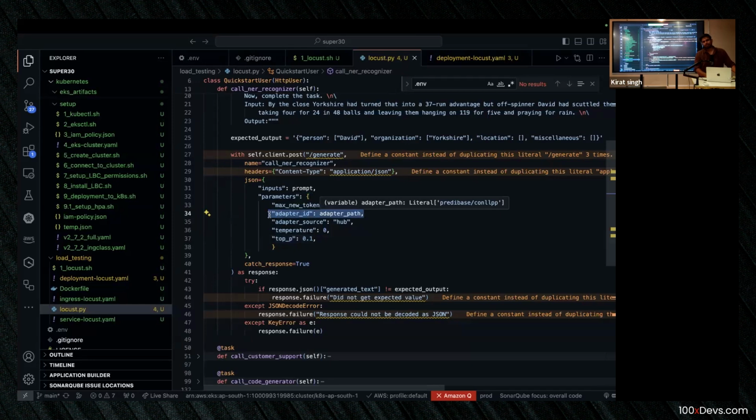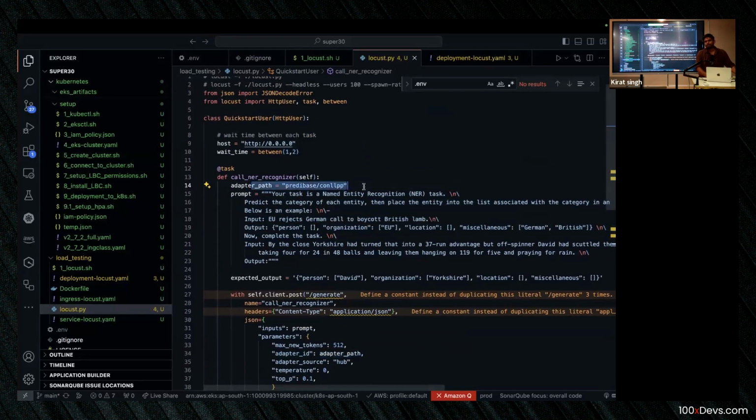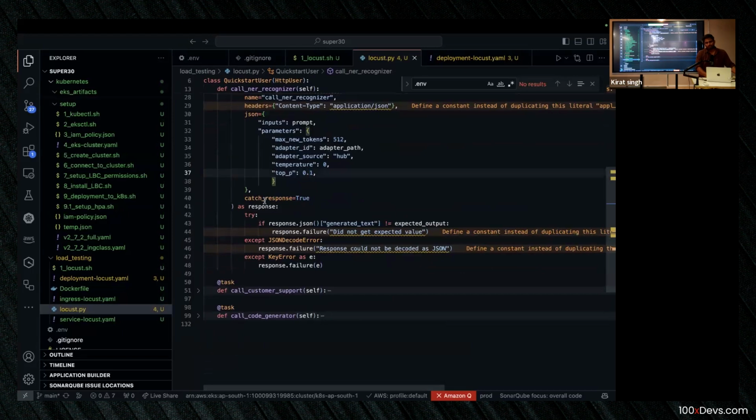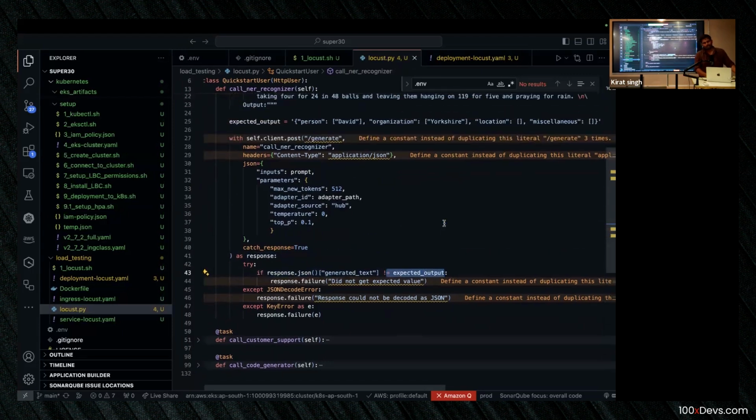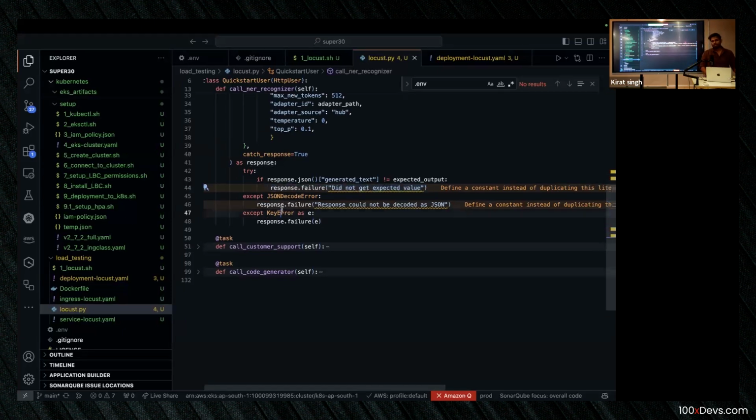This is the adapter path. I'm giving the adapter ID, since I want the output using this adapter. And obviously, if you're asking an NER question, you want the NER adapter. And then you get the response. Convert it into JSON, see the generated text key, and check if it matches the expected output. If it matches, it's a success. If it doesn't match, count this particular call as a failure.